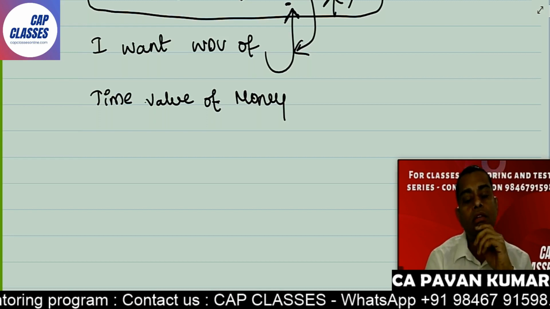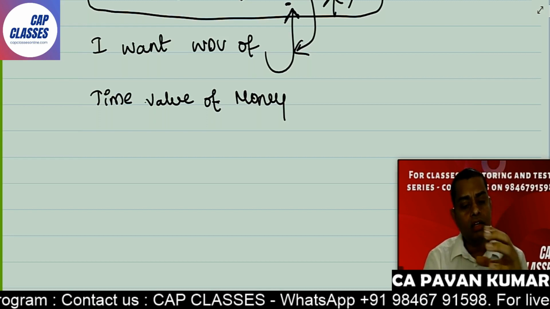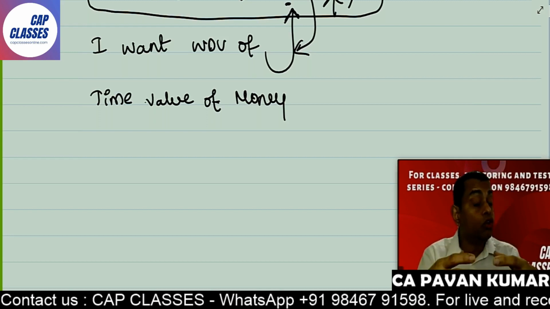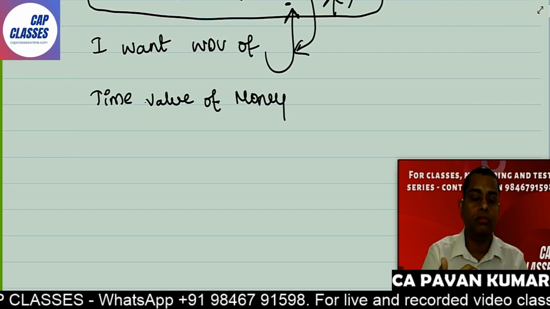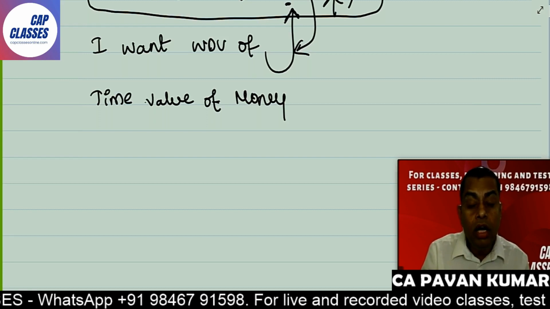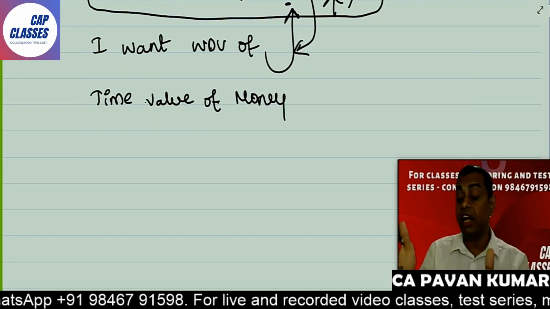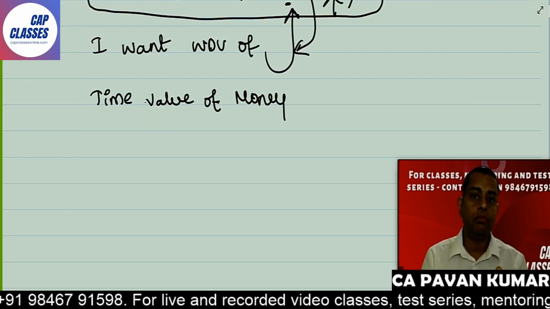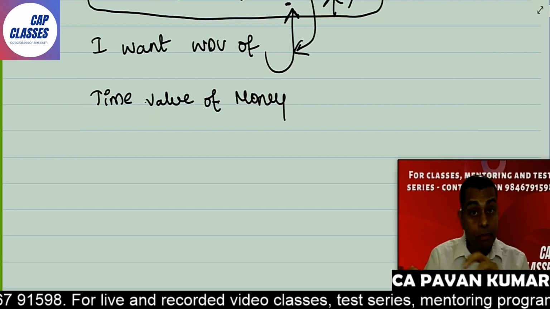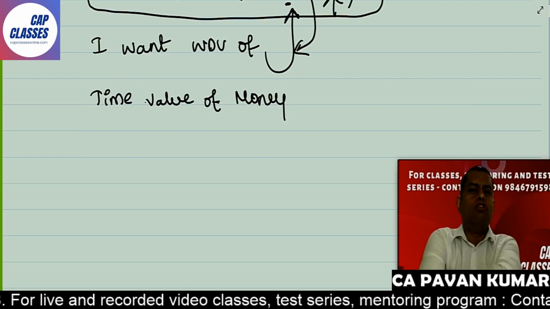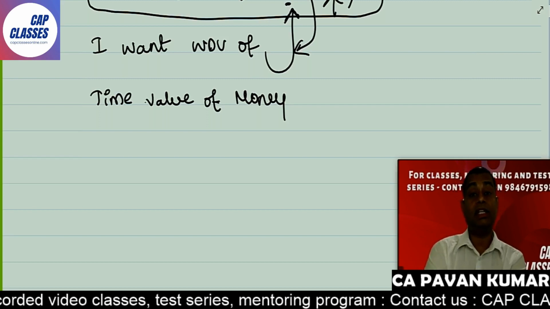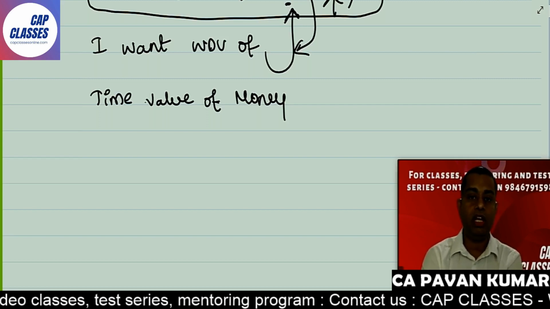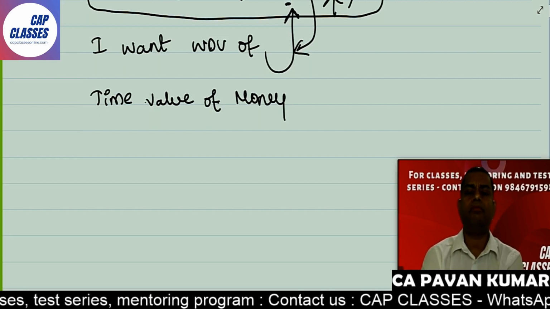Now you tell me, do you think that hundreds of crores of goodwill, whatever Google has paid for YouTube, is over in 10 years? If Google and YouTube were in India, ICAI prepared an accounting standard. They might have told you, hey Google, you have paid 5,000 crores goodwill.